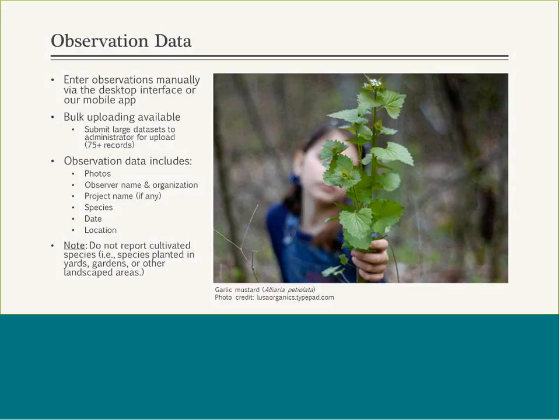And so we're not going to go into someone's yard and treat their Callery pear. I mean, it would be good if it wasn't there, but that's not the idea behind the database. So if you find Japanese barberry that's been planted in a parking lot somewhere, don't record that information. Again, that's a cultivated landscape plant that can be there, but not something that we want to track in the iMap database.